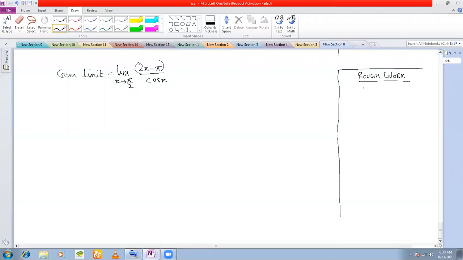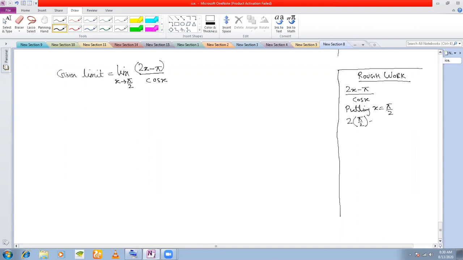Let's now put your expression here: 2x minus pi divided by cos x. So x tends to pi by 2, so we'll put x is equal to pi by 2. Let's check what happens. It is a 0 by 0 form.